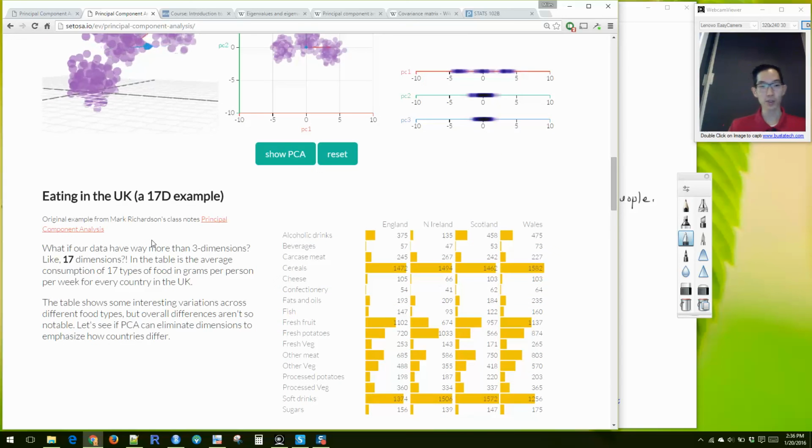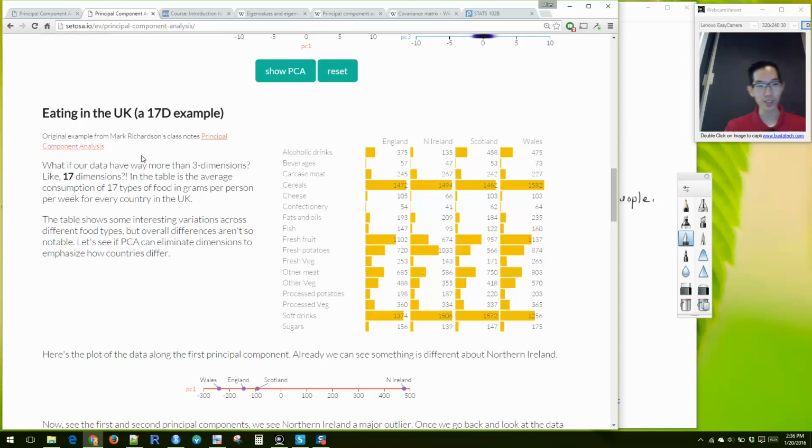Here is an example, a 17-dimension example, where we're comparing four countries, or I don't know, do they count as countries if you divide Great Britain into their four lands? You've got England, Northern Ireland, Scotland, and Wales.